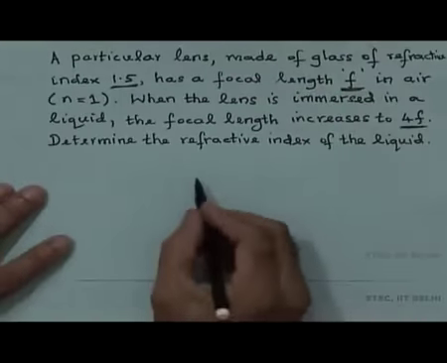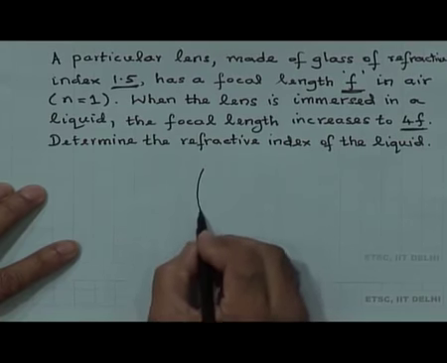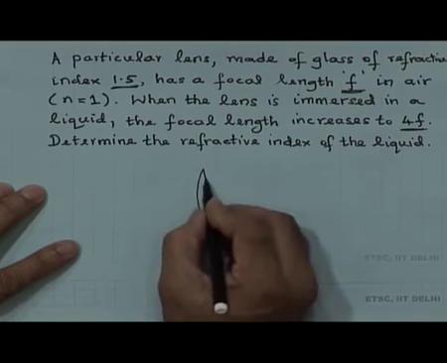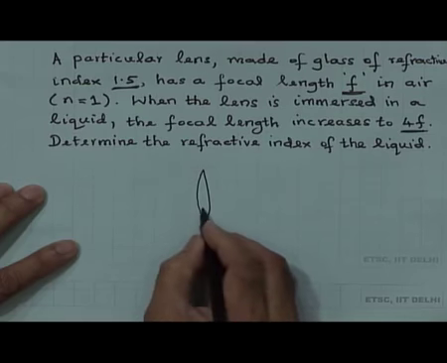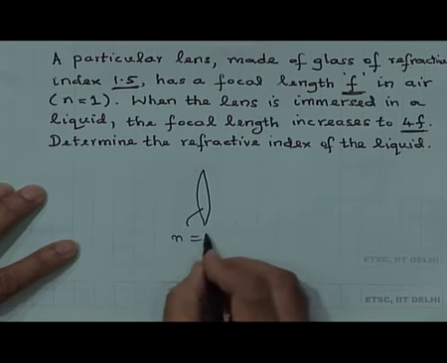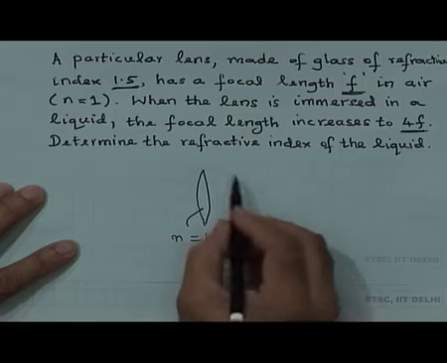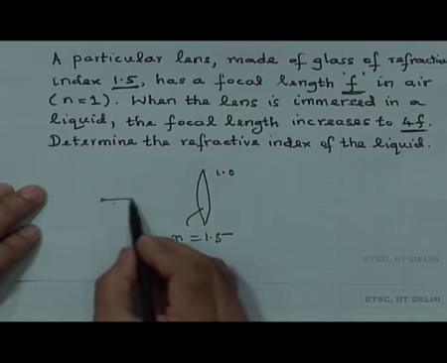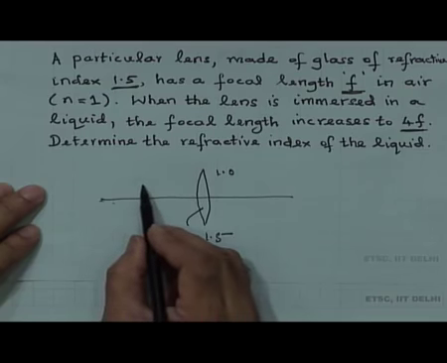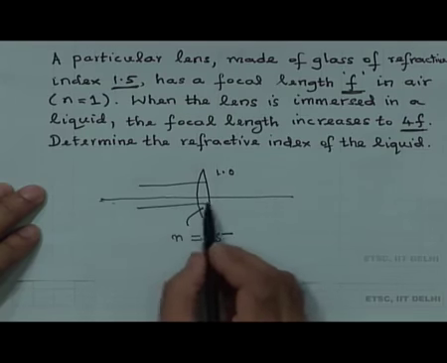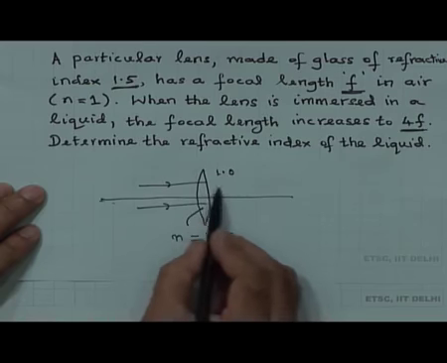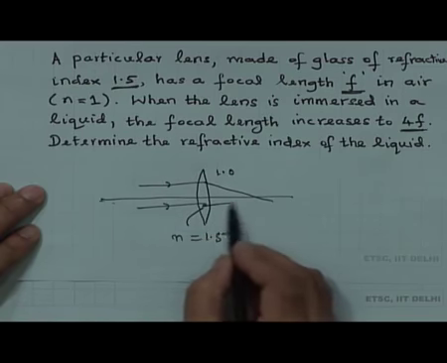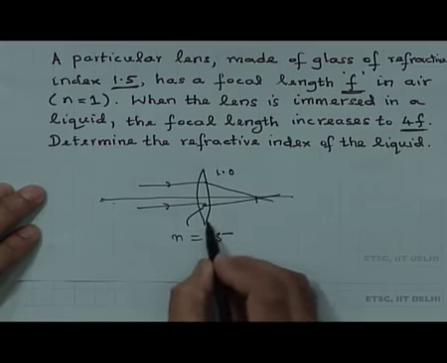So, the given data is, we have a lens of material n is equal to 1.5. When the outside medium is air, then we have a certain focal length. So, if I show quickly the focal length like this, this distance is f.